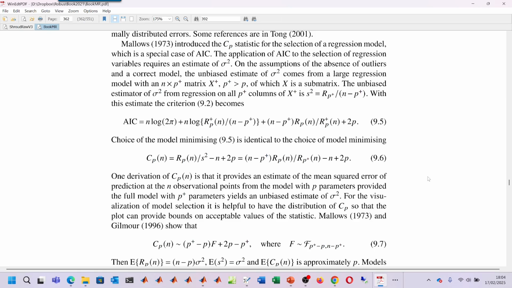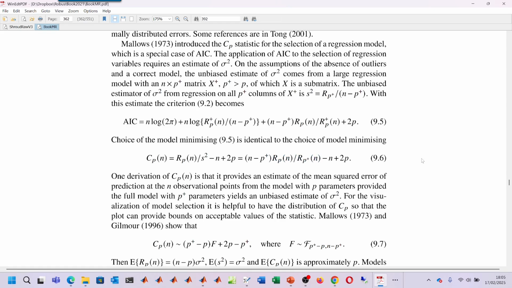Mallows therefore suggested penalizing the decreasing residual sum of squares with p by a penalty function increasing with p of the form plus 2p. If we then estimate sigma squared by the residual sum of squares from the large model, we get the form on the right-hand side. So it involves two residual sums of squares, that for the model that we're interested in, and that which provides, after scaling, the estimate of sigma squared.